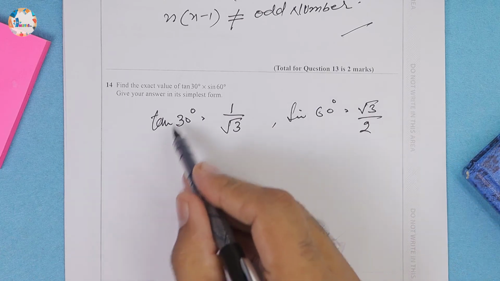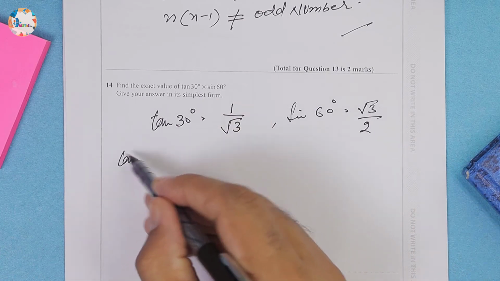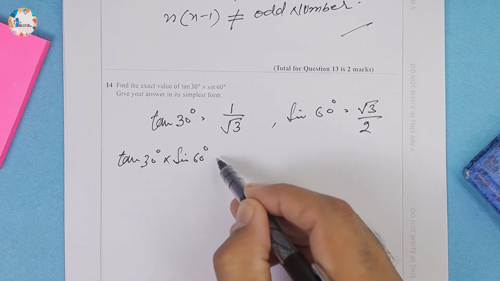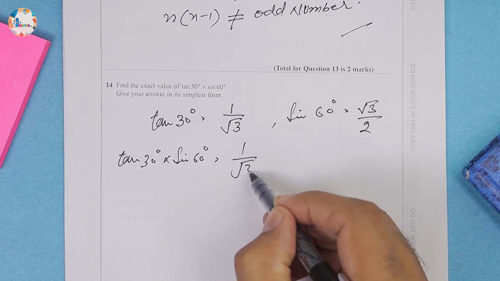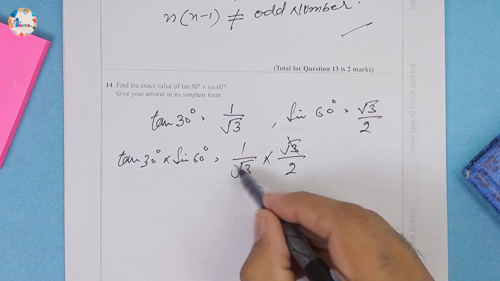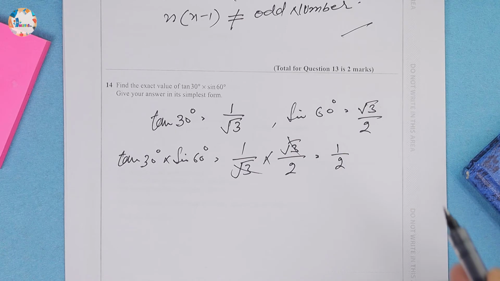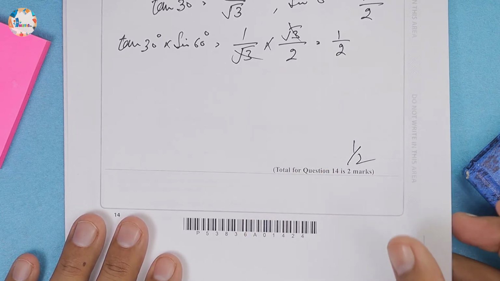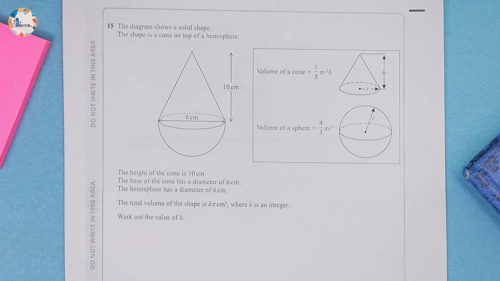These values we can replace in this, so we can write tan 30 degree into sine of 60 degree is equal to 1 over under root 3 into under root 3 over 2, and this will be cancelled with this, and the answer will be 1 by 2, so we can provide the answer as 1 over 2. It's done.